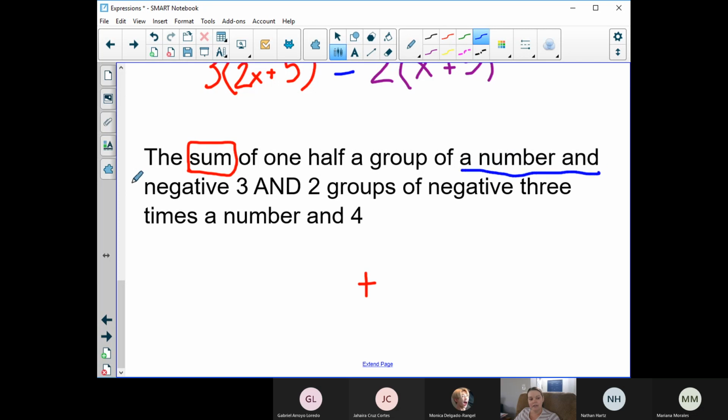A number and -3. How would I write a number and -3 as an expression? A plus -3. Or I could do a minus 3 also.